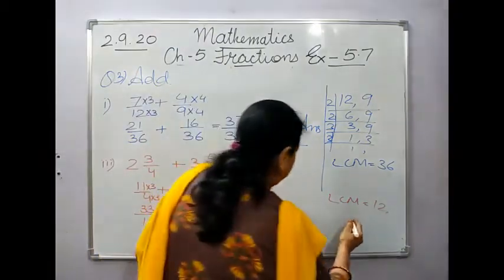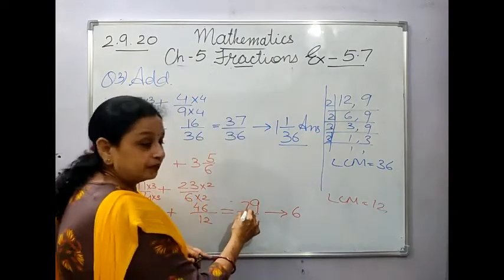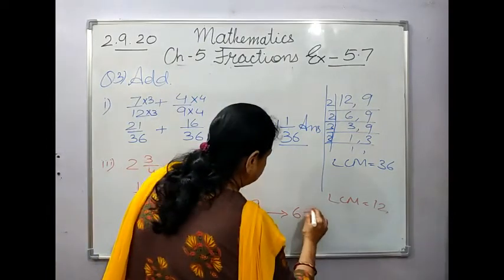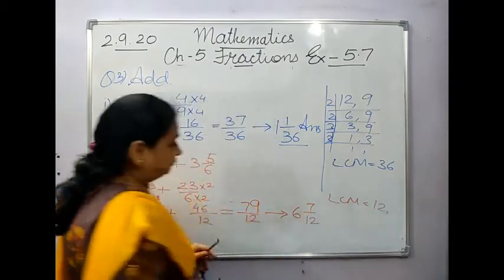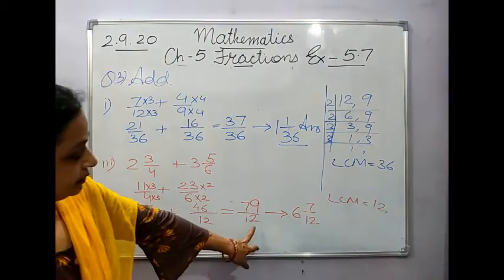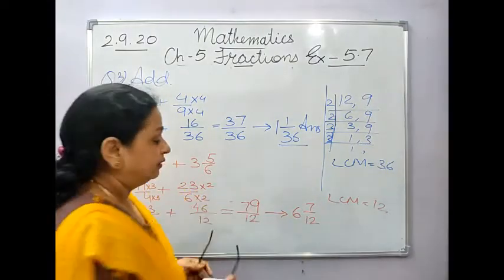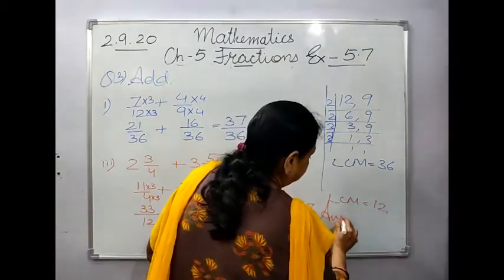So I will divide it. 12 6s are 72 and it will come 7 upon 12. So look over here. When you divide it in the rough, it will be 6 whole number 7 upon 12 will be your answer.